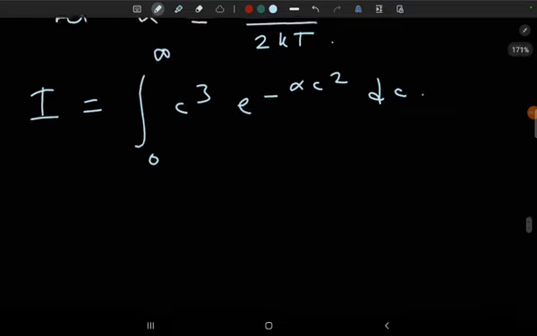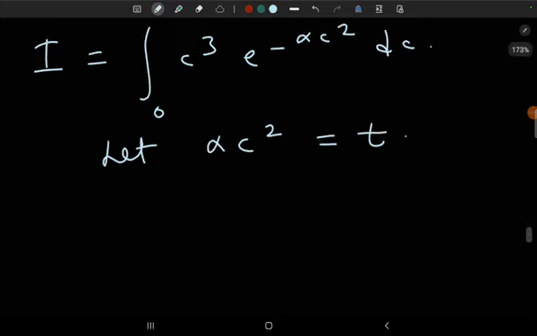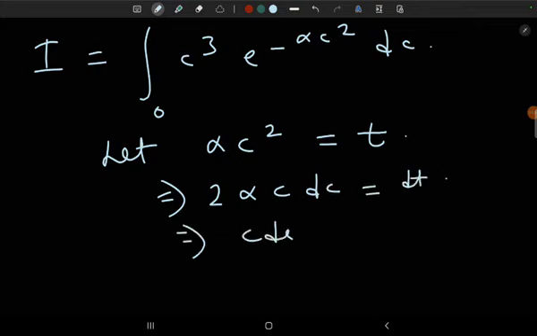The way to do this was to start with a standard process of integration by substitution. We take alpha c squared as t, so 2 alpha c dc was dt, and c dc was dt by 2 alpha.